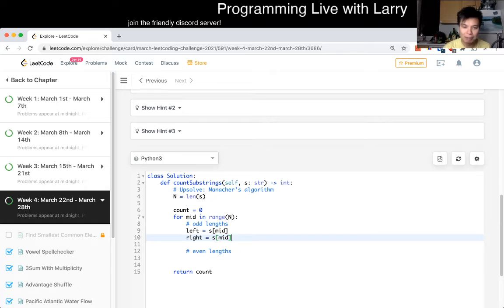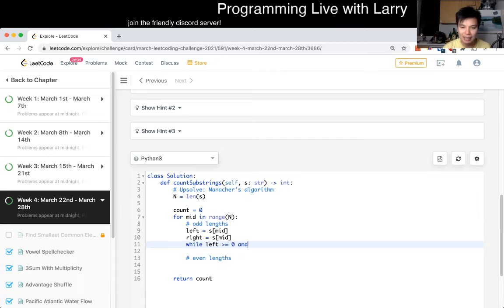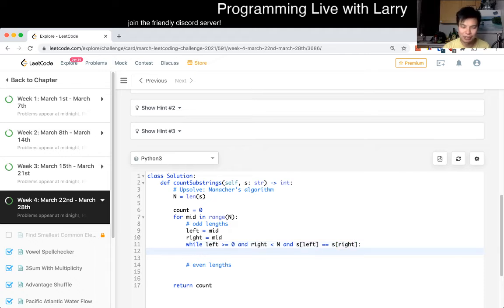So while left is greater than or equal to 0, and right is less than n, and s of left equals s of right, oh, this is wrong. Oops, sorry friends, I meant this. Yeah, so we move left to the left by one, and then we move right to the right by one, and then we increment count.